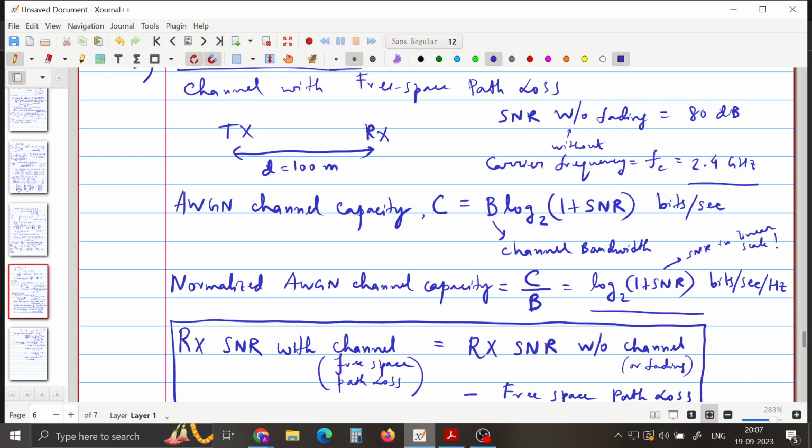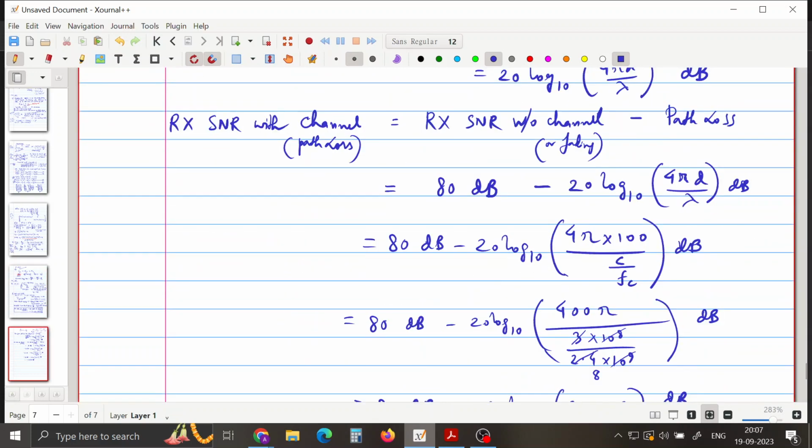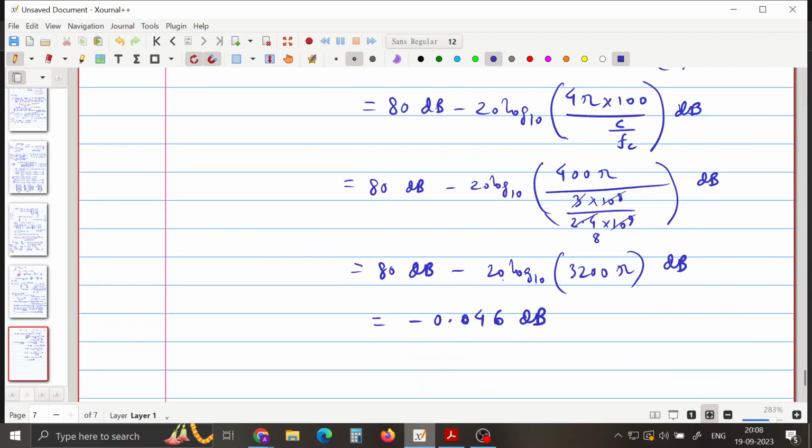Now I need to convert this back to linear scale. So this will be 0.989 in linear scale. Because I need to plug in this value in the expression of normalized capacity to find it, and that I have to do in linear scale, in the formula.